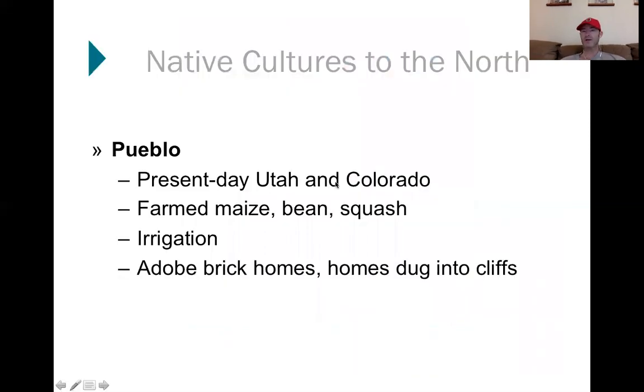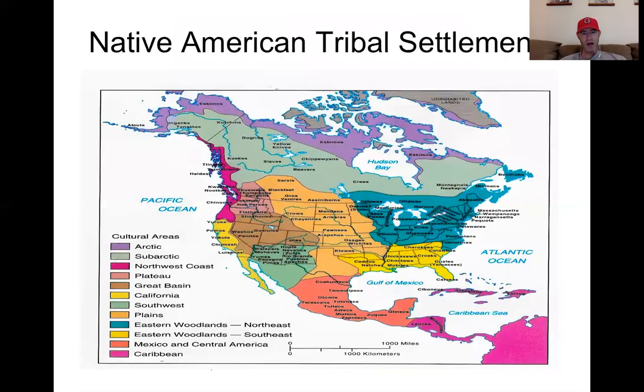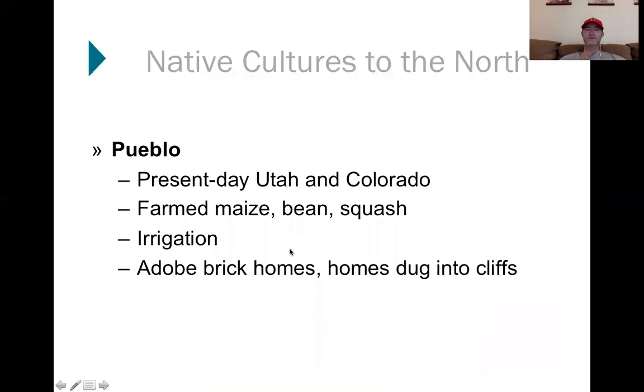Well, let's take a look at one example with the Pueblo. The Pueblos you can see here are going to be pretty significant when you're looking at some areas of this part of our civilizations, right? So present day Utah and Colorado, a piece of what we would call current day United States.